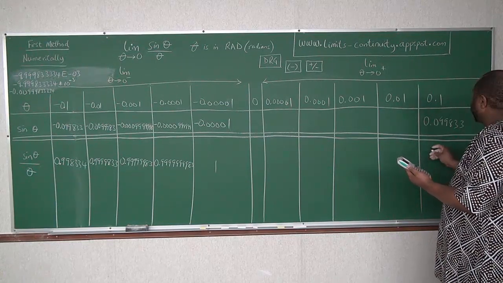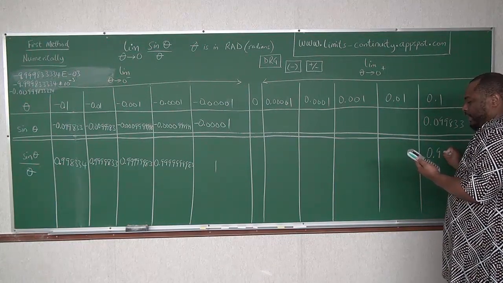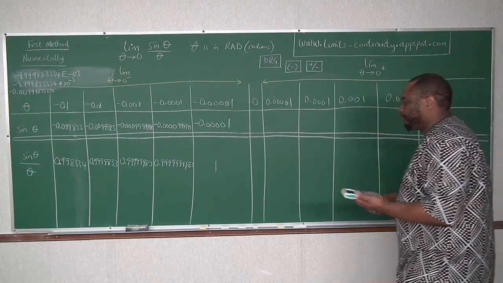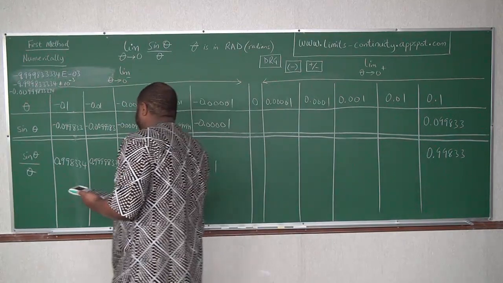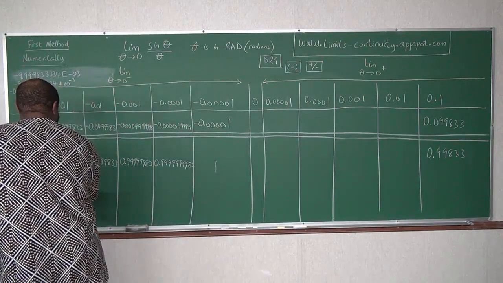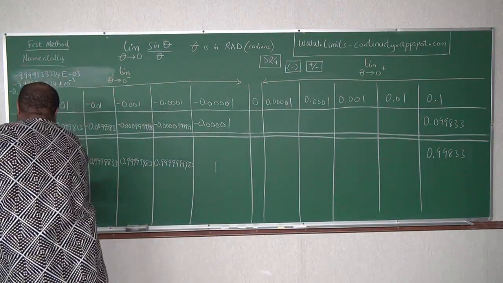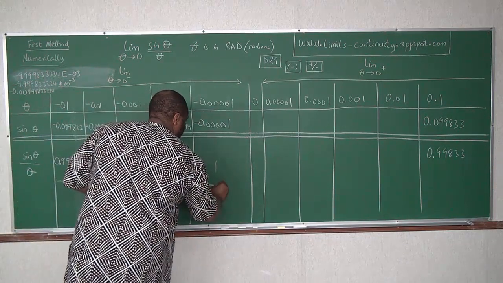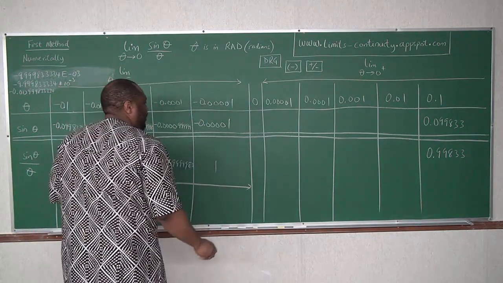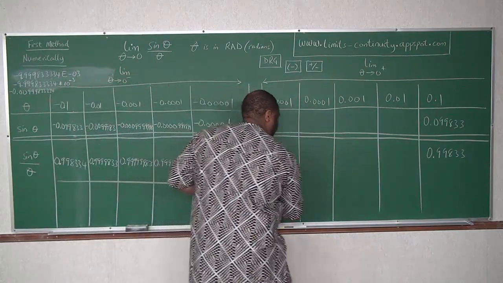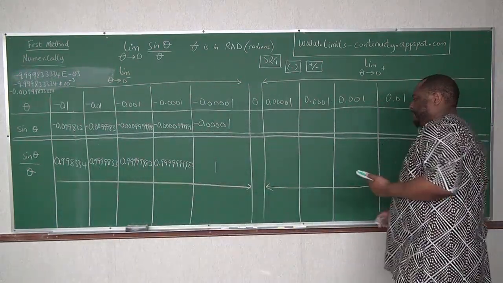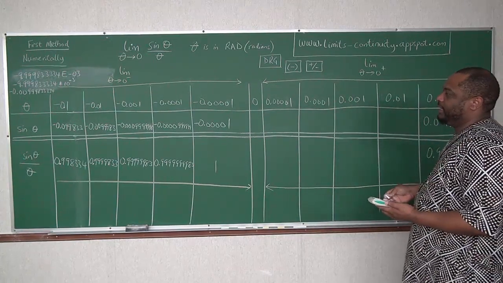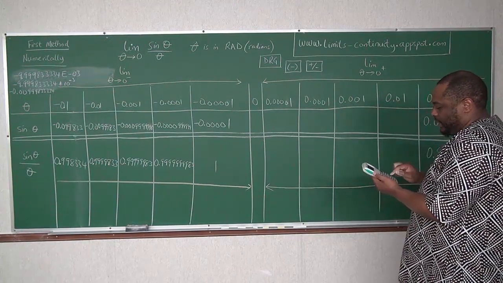But it's good to still verify. 0.99833. And we can just draw this here, that this is giving us 1. So at least you have an idea of this.